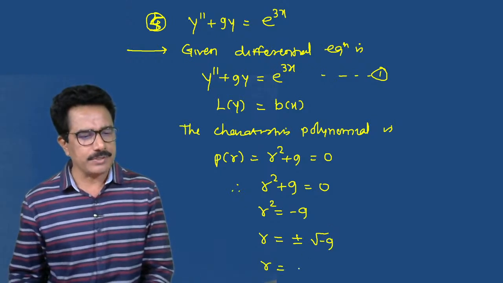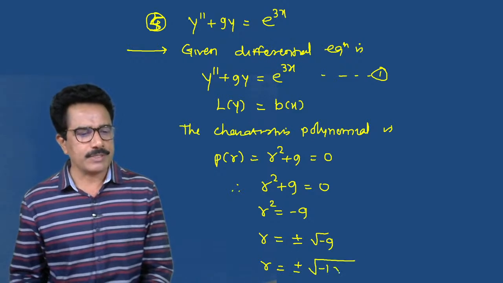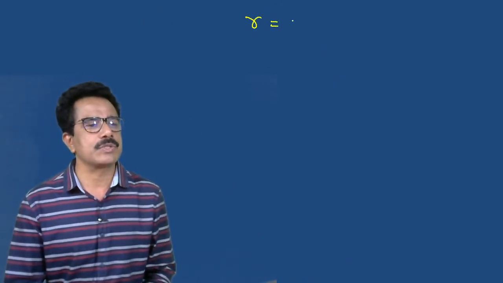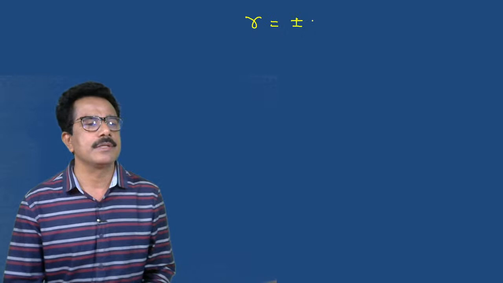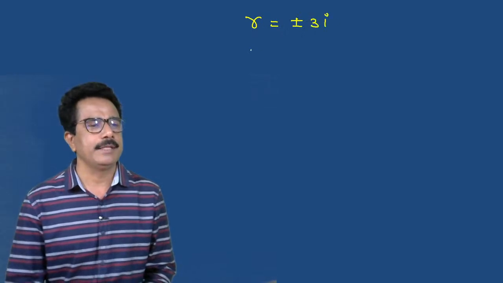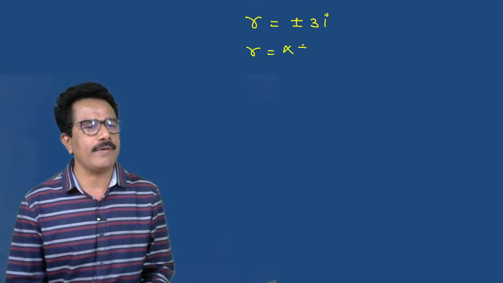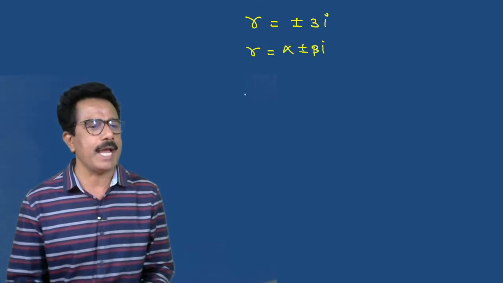So r is equal to plus or minus root of minus 1 into 9. The square root of 9 is 3. So r is equal to plus or minus 3i. That can be written as r is equal to alpha plus or minus beta i.